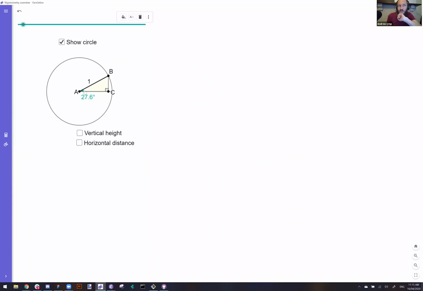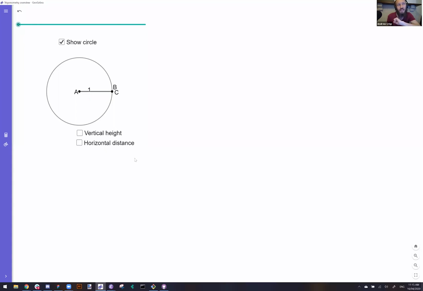What changes as I move this slider around? I know that this length doesn't change, but I'm going to start things off all the way down here at the bottom, and I'm going to take a look at the vertical height. So think about what happens to the vertical height as I increase this angle. Increase, decrease, increase, decrease. Okay, so I'm going to go all the way down to 0.